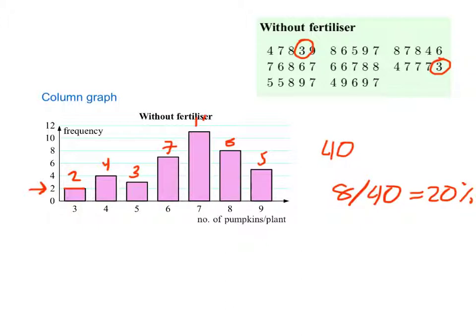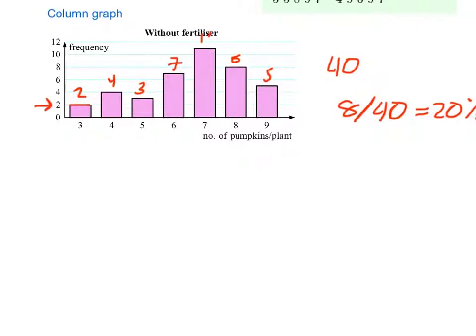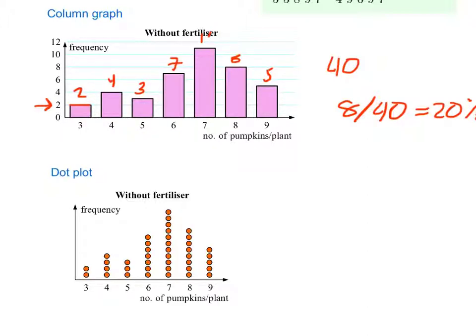The last method that we're going to look at to organize and visualize our data is the dot plot. Now the dot plot is very similar to the column graph with a few exceptions. Notice that the dot plot looks a lot like the column graph in that I have columns for each occurrence of the variable, which again in this case is the number of pumpkins per plant.